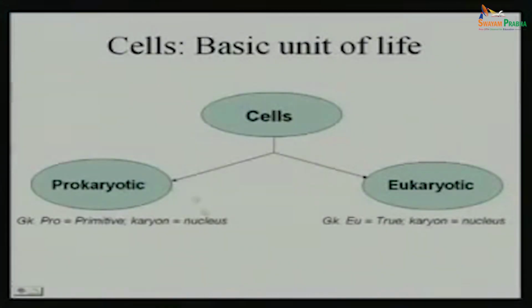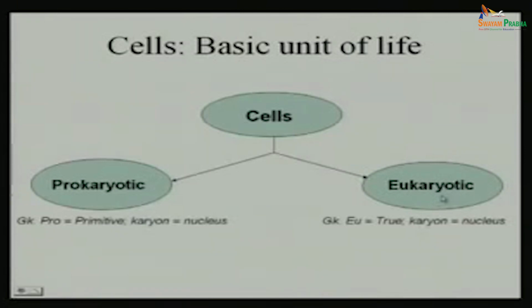One is called the prokaryotic cell, another is called the eukaryotic cell. Prokaryotic cell, what does it mean? Pro means primitive, karyon means nucleus. That means obviously this group of microorganisms are very primitive in nature, and obviously bacteria is one of such examples.